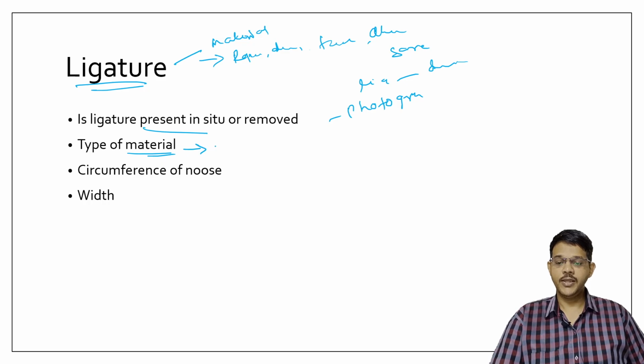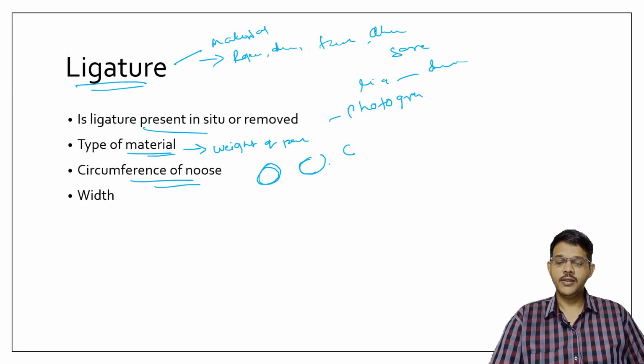The material should have enough strength to withstand the weight of the person, to cause complete suspension and death. Then note the circumference of the noose, how much it encircles, whether it is partially or completely encircled, and how much part is occluded.